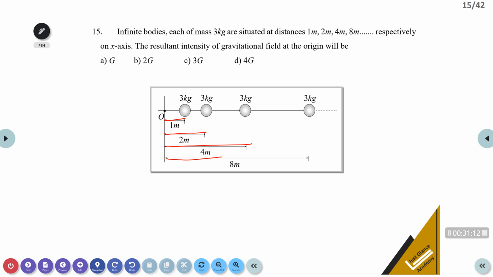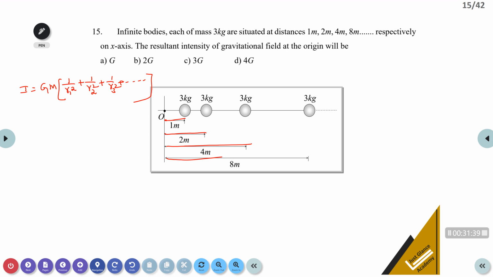Now, can I write I equal to G into M into bracket 1 by r1 square plus 1 by r2 square plus 1 by r3 square plus so on? Here 3 is constant.